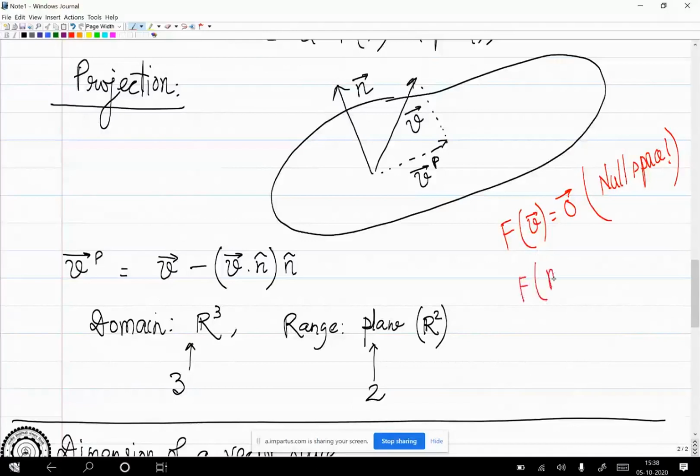So f of n is equal to 0, and f of alpha n is also equal to 0, right? Because it's a linear transformation. So all vectors along the normal n are in the null space. So what is the dimension of this null space here? The null space is also a vector space, and the dimension is simply 1.